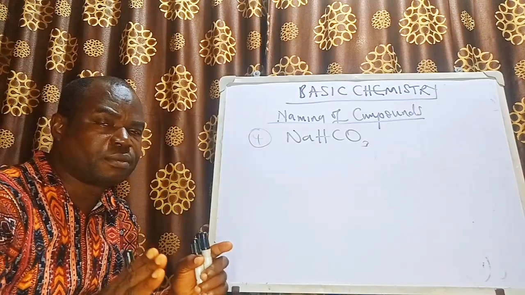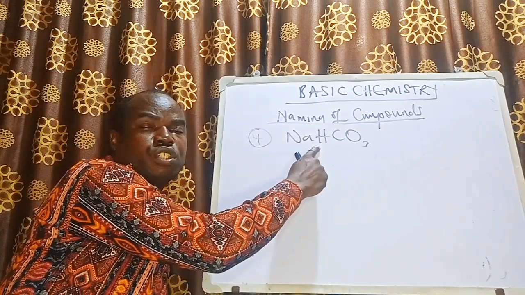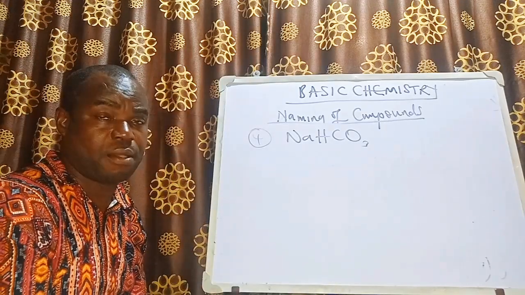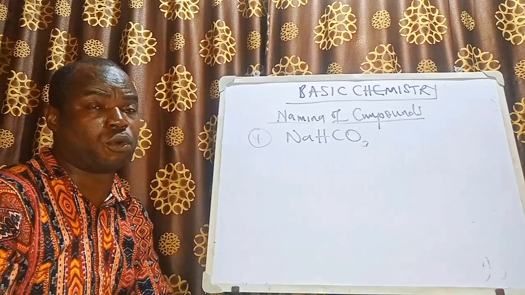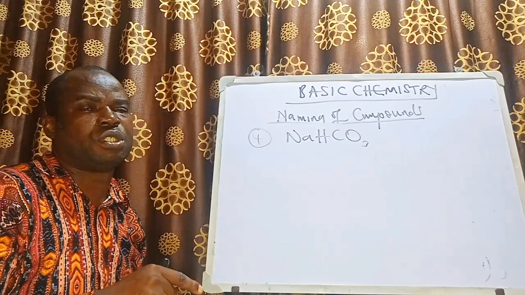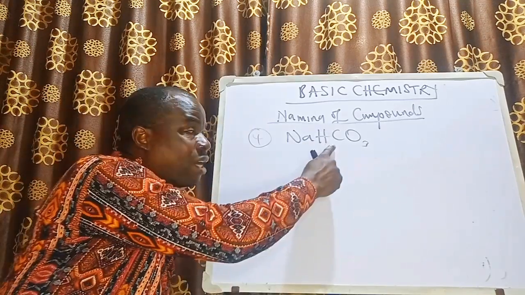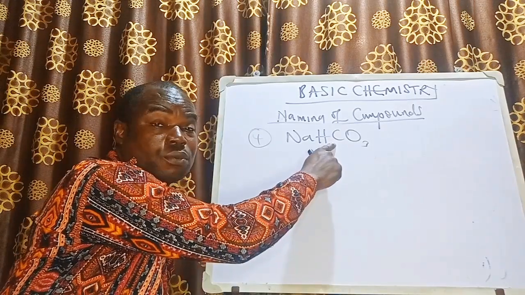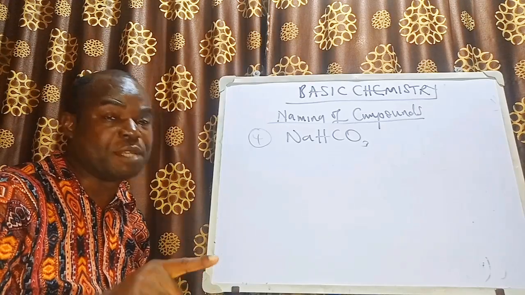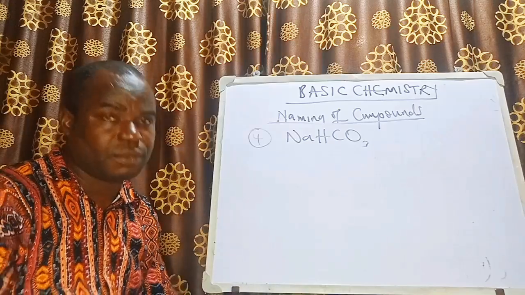If you look very well, there are 2 elements in the middle. I have hydrogen and I have what? Carbon. Anywhere you have that hydrogen in the middle, that is not the middle element. The middle element is the other one that comes with it. That is carbon. So don't ever assume hydrogen to be in the middle. Now, our middle element is carbon. We have established that. Now let's solve.